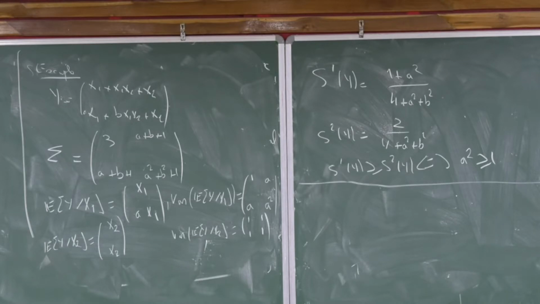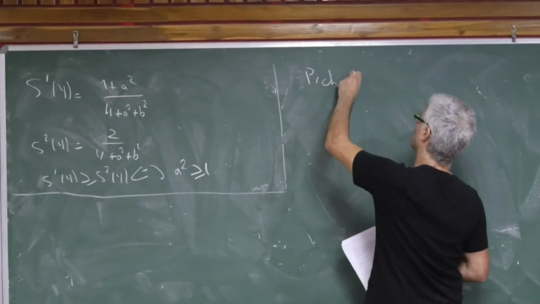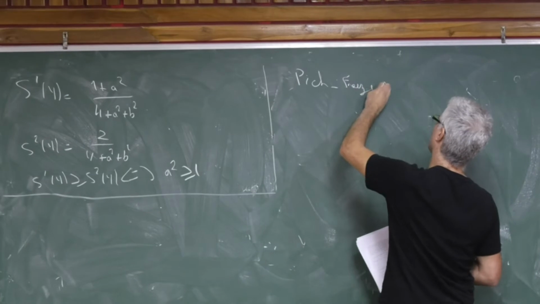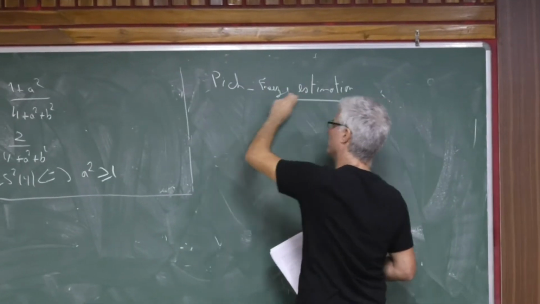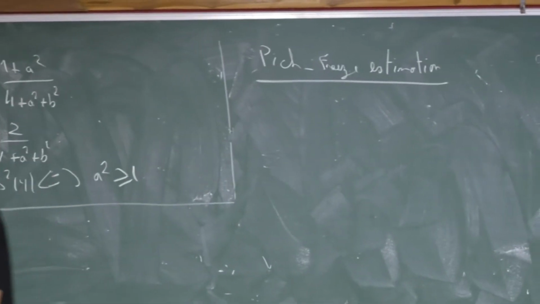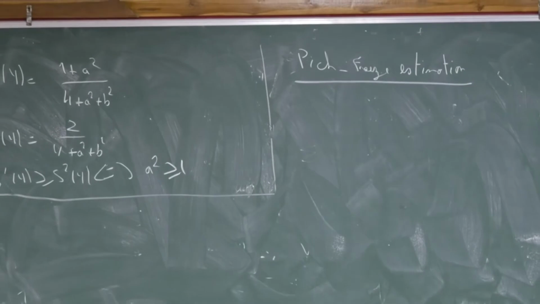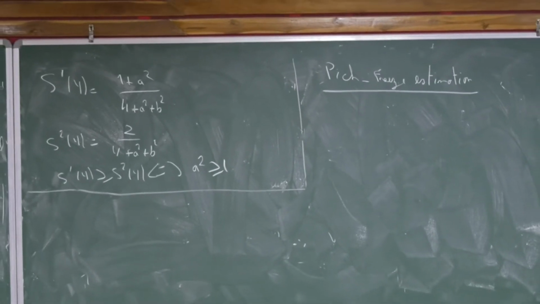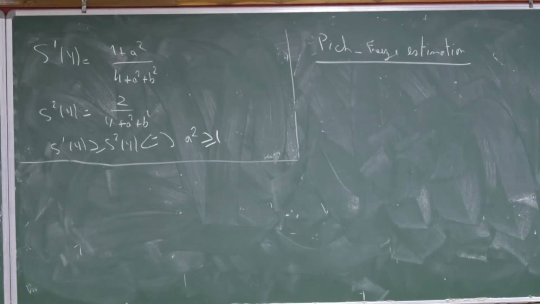Okay, so now we can proceed exactly as in dimension 1 and have the plug-in estimation of our indices.